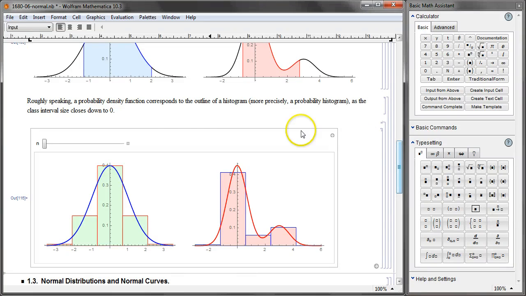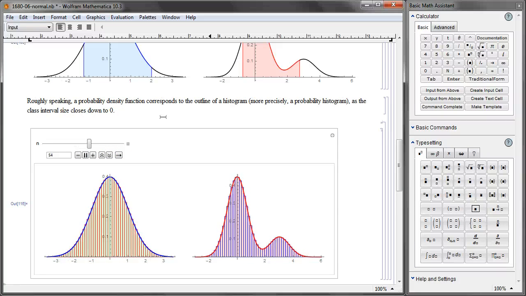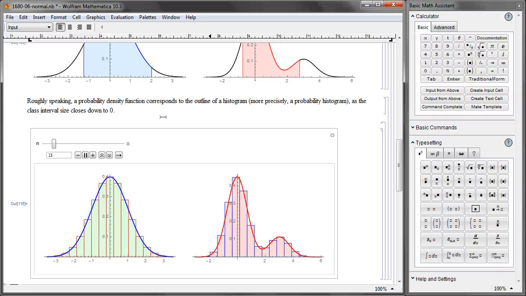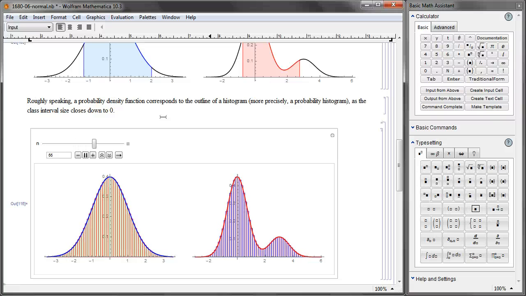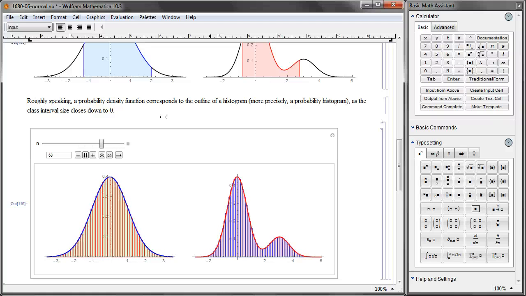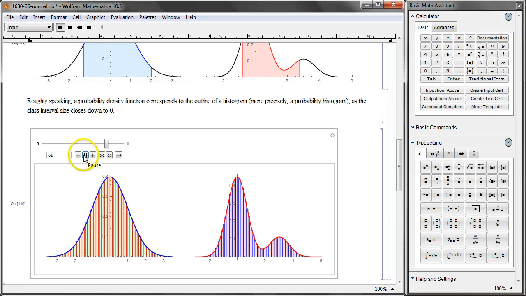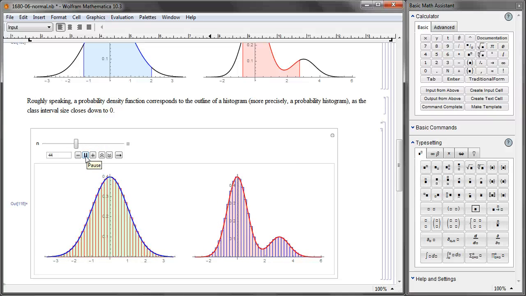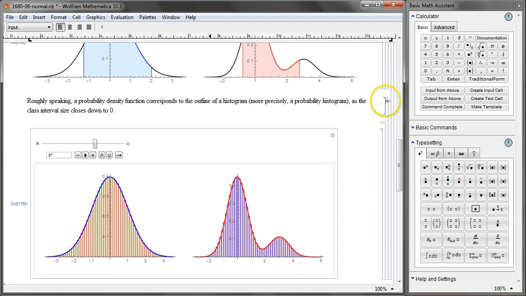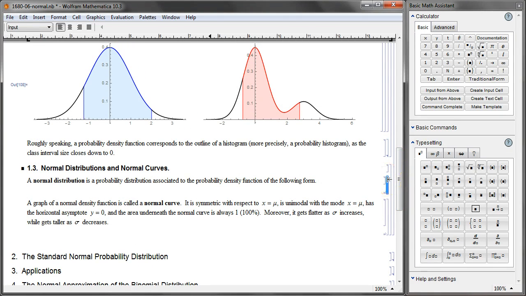In this picture, not really, but if I increase the number of class intervals, you will see a semblance. See? So that's how chapters 1, 2, and the early part of chapter 3, the descriptive statistics part, are associated with a chapter 6 topic like this. The probability density function corresponds to the outline of a histogram for a sufficiently large number of class intervals, so the class interval size will have to go down to pretty small.